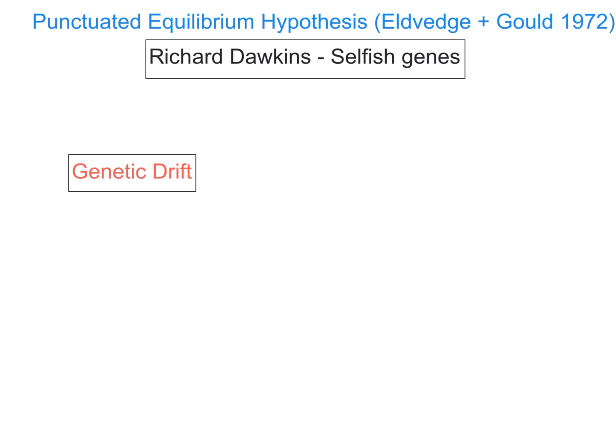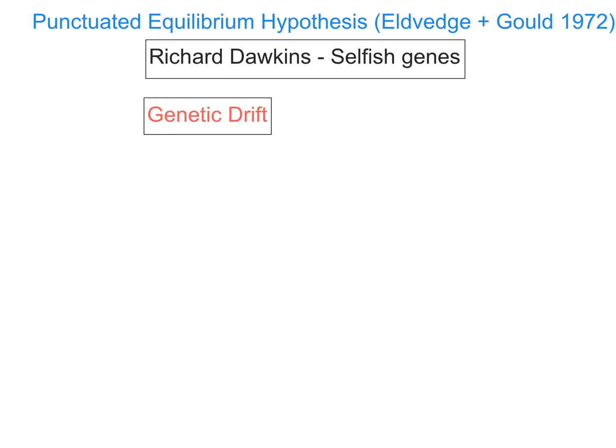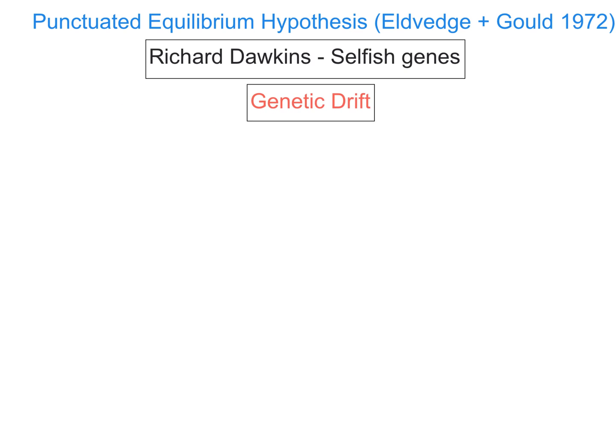But for chance to have an effect, you really have to deal with small populations. So later on when we spend time talking about genetic drift, we'll see that for genetic drift to have a significant influence, we've got to somehow deal with small populations. It's a sampling problem, okay?